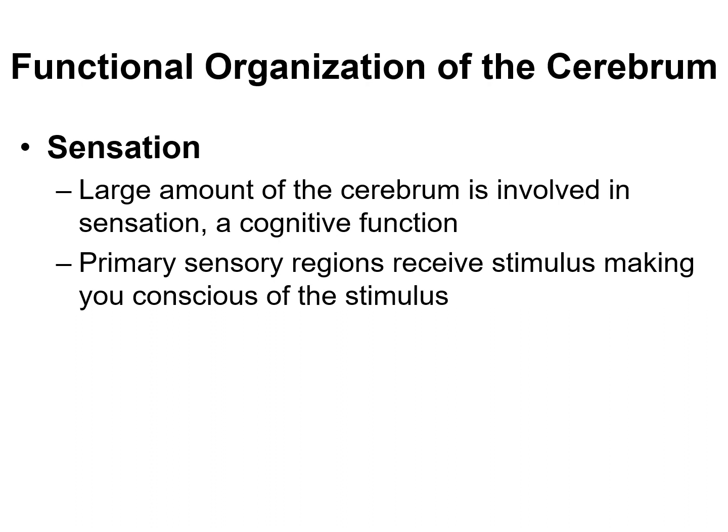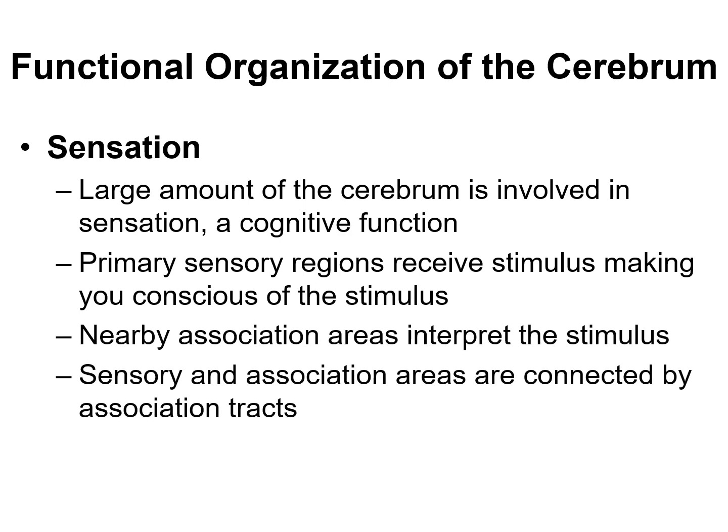A large portion of the cerebrum is dedicated to sensation. That is the ability to perceive changes and then to assign meaning or tag that sensation. The primary sensory regions receive stimuli, making you aware of the stimulus, and then you have nearby association areas that interpret that stimulus or assign meaning to it.